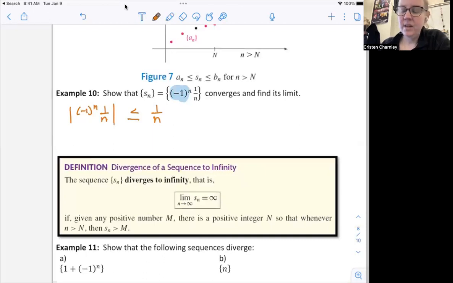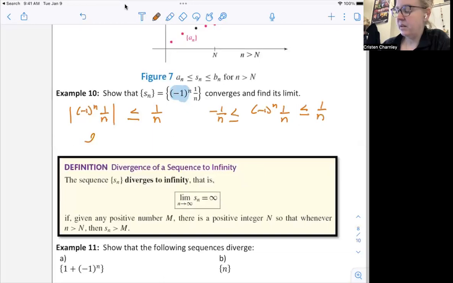If we're dealing with inequalities and absolute value, if we recall from algebra 2, we get to write this as a plus or a minus. So -1 over n is less than or equal to (-1) to the n times 1 over n, which is less than or equal to the positive version. So you can find the limit of each one of these.